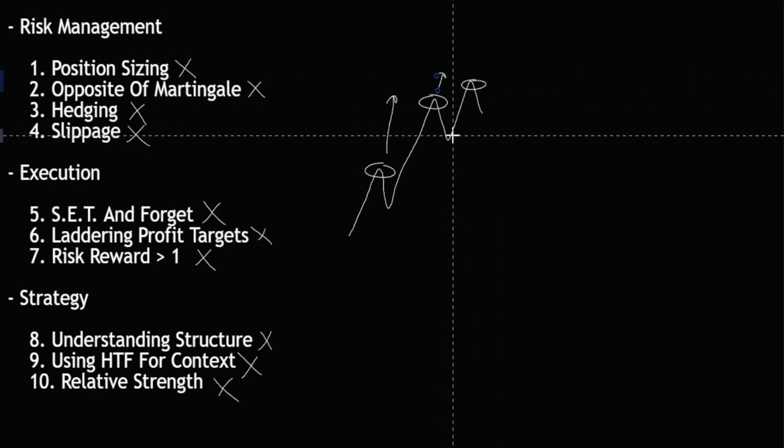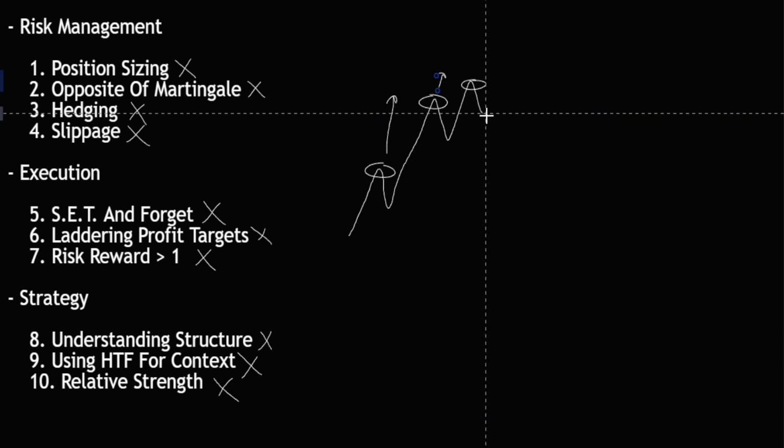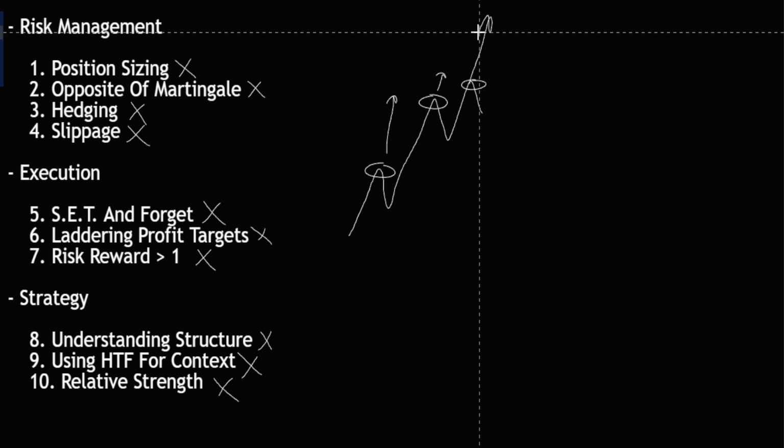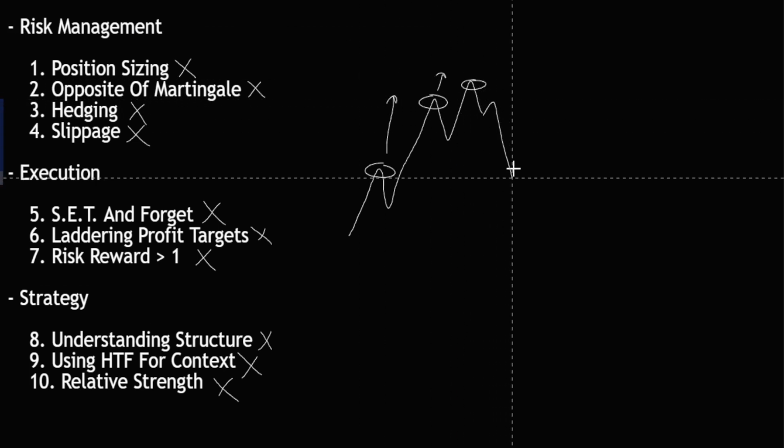You could interpret this as buyers slowing down, buyers being exhausted, or sellers starting to pick up, however you want to interpret it. But the reality of the situation is, if it was so bullish, if there was so much demand, why couldn't this high be a lot higher? And once we see that start to happen, there's a potential to actually short it.